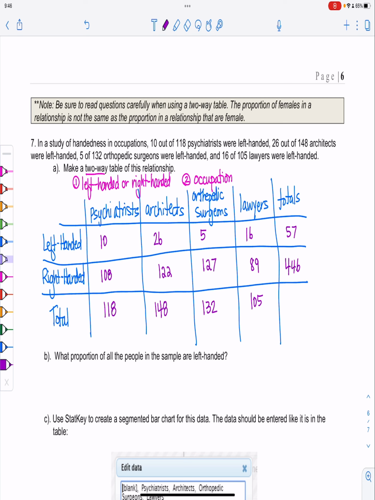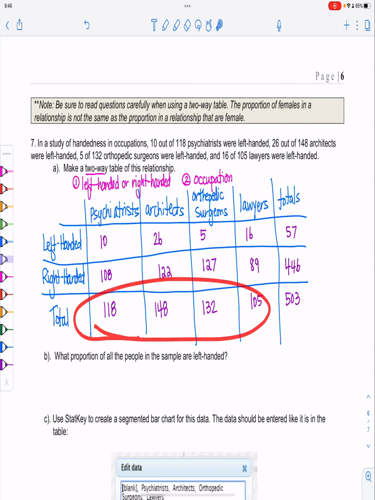I better check it with my calculator. Maybe don't trust my mental arithmetic on this one. 108 plus 122 plus 127 plus 89 is 446. So now 446 plus 57 is 503. And now I'm actually going to check that all of these column totals add up to 503. So let's check that. 118 plus 148 plus 132 plus 105 is 503. So I'm feeling pretty confident that my two-way table is correct.